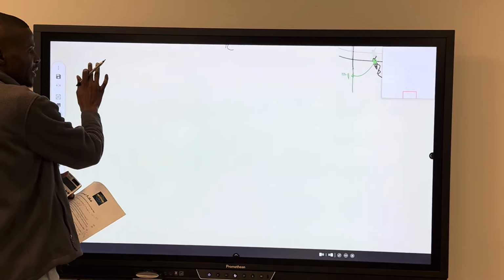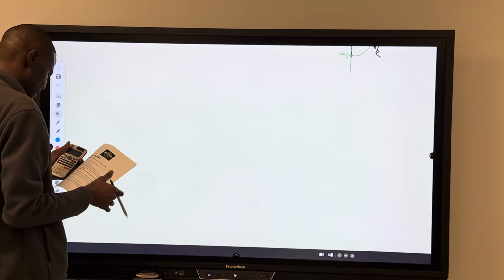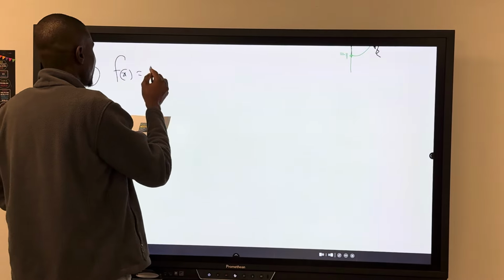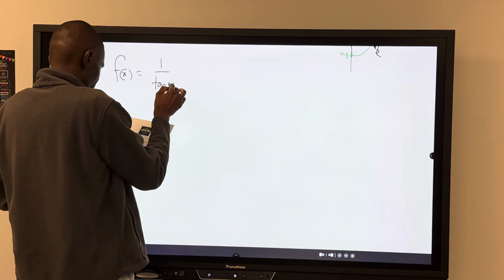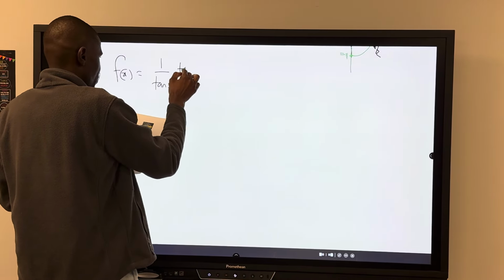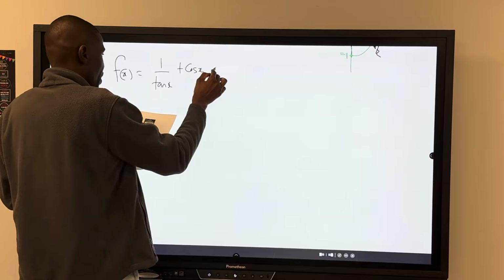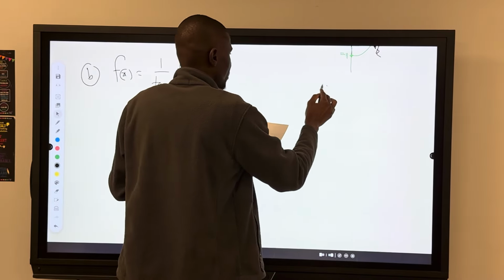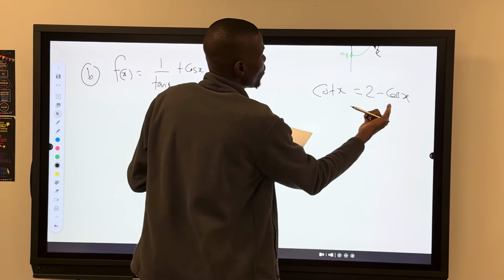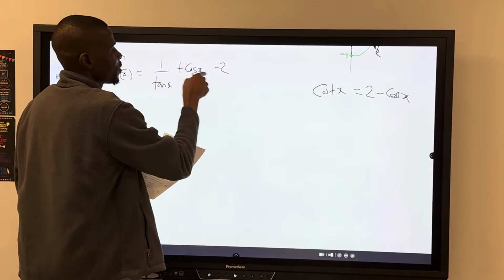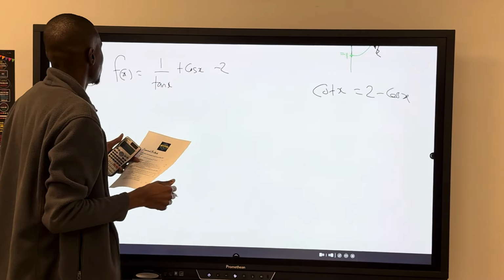So this is part B. Our function f of x is going to be cot x, or you can say 1 over tan x, plus cos x minus 2. Remember, it was cot x equal to 2 minus cos x. So if I move the cosine here, it becomes positive, and if I move the 2, it becomes negative.